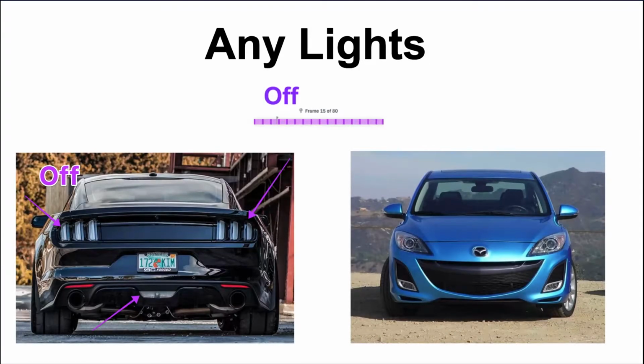So when do we turn any lights off? When do we set it to off? If in all the frames we don't see any lights that are activated on the car, and we at least see one frame where we can clearly see that its lights are off, then we want to set any lights to off.